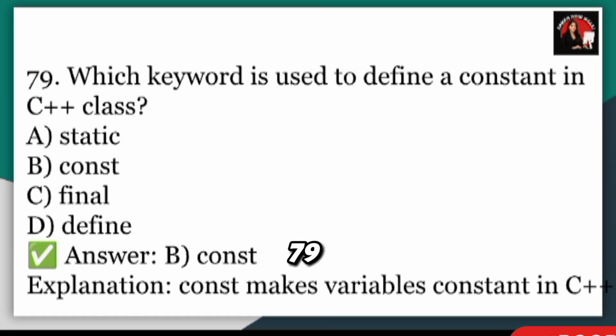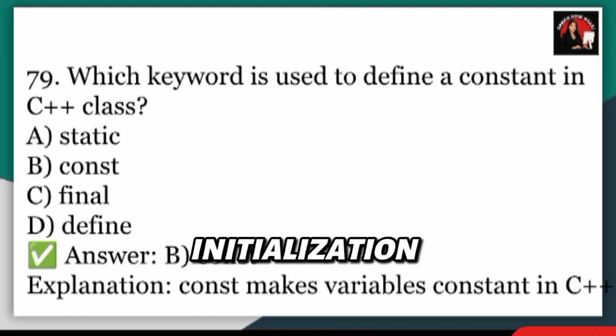Question number 79. Which keyword is used to define a constant in a C++ class? So the right option is B, const. Explanation: const makes variables constant in C++. In C++, the const keyword is used to declare constant variables, meaning their value cannot be changed after initialization.